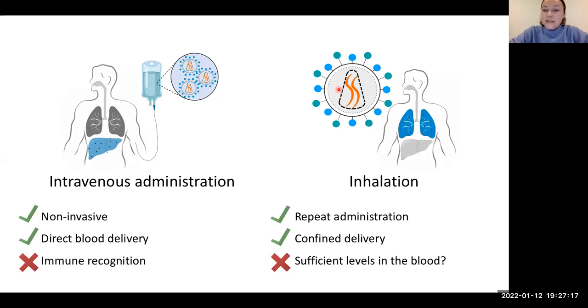A potential negative of inhaling the gene therapy is whether we will achieve sufficient levels of ADAMTS13 in the bloodstream. That's something that may be addressed further down the line, but it's whether dose could come into that, how much you give, and things like that.